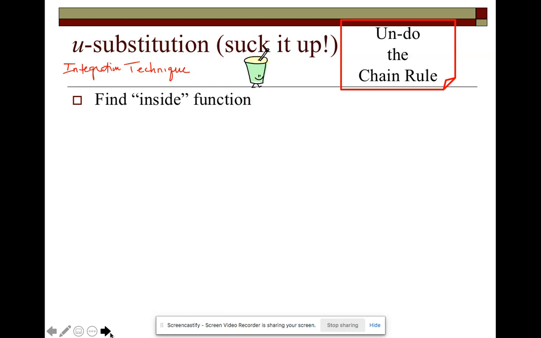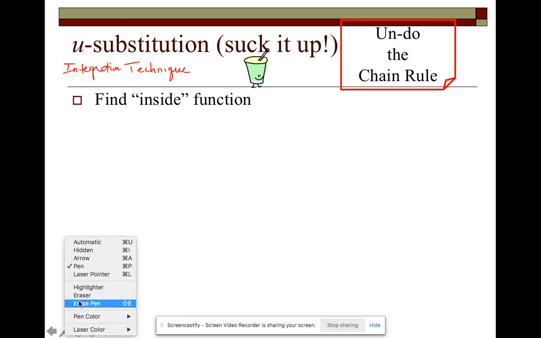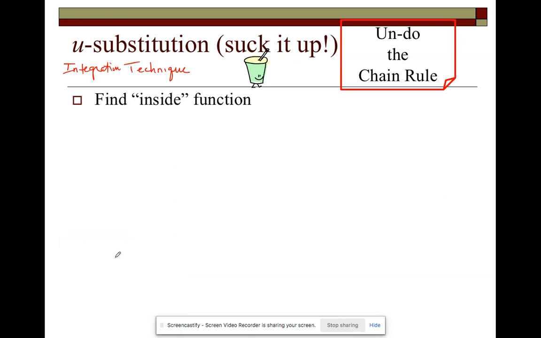Okay? So I'm going to give you an algorithm that's not going to make sense until we practice. So just stay with me here. Find your inside function, which means identify the function that was composed into another one. You're going to call that inside function u. You're going to differentiate u with respect to x.